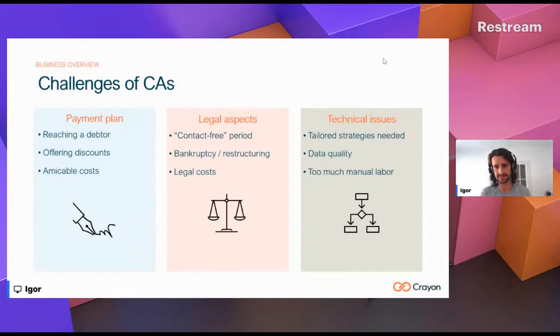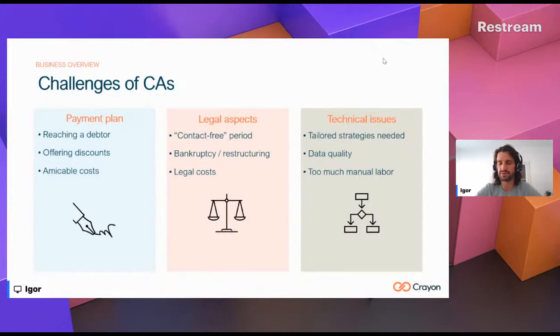And of course, there is a lot of manual labor. First of all, the agents on the collection agency side have to call all the debtors. It's manual labor. Then if we consider all the customers and try to come up with strategies for them, it's also a lot of manual labor.